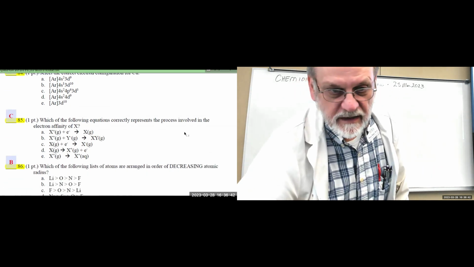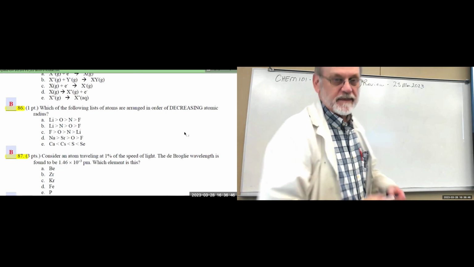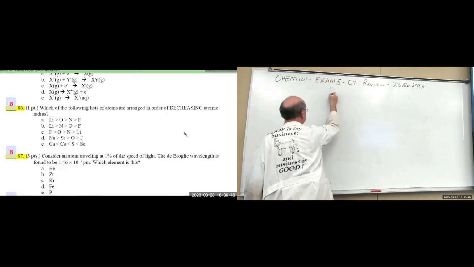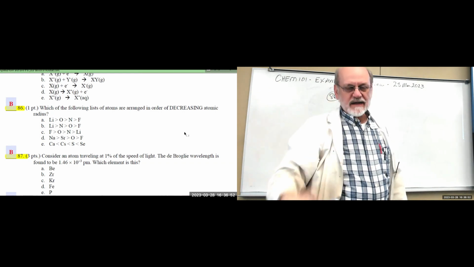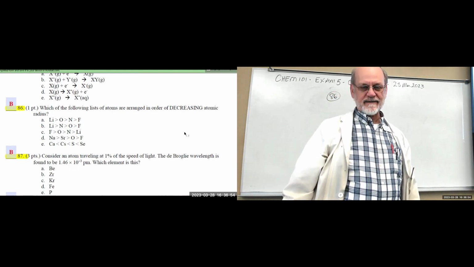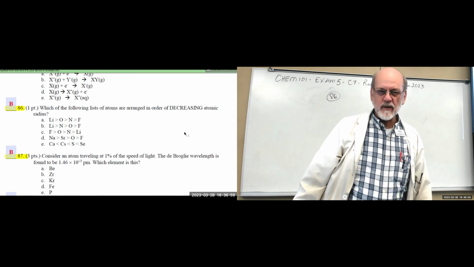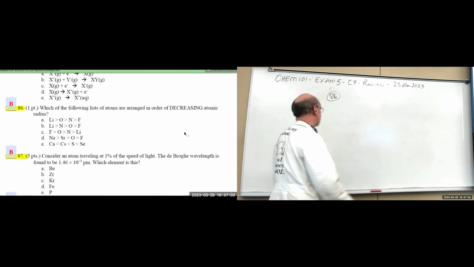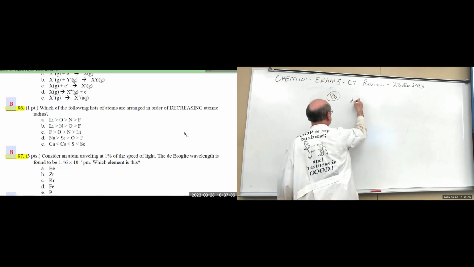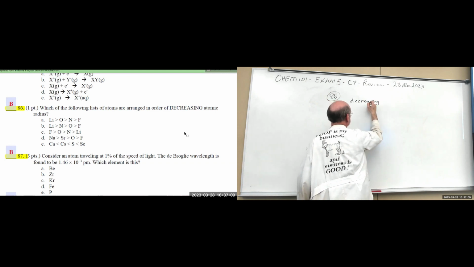86. We ought to be getting close. 86 and 87. All right. Which of the following lists of atoms are arranged in order of decreasing atomic radius? All right.